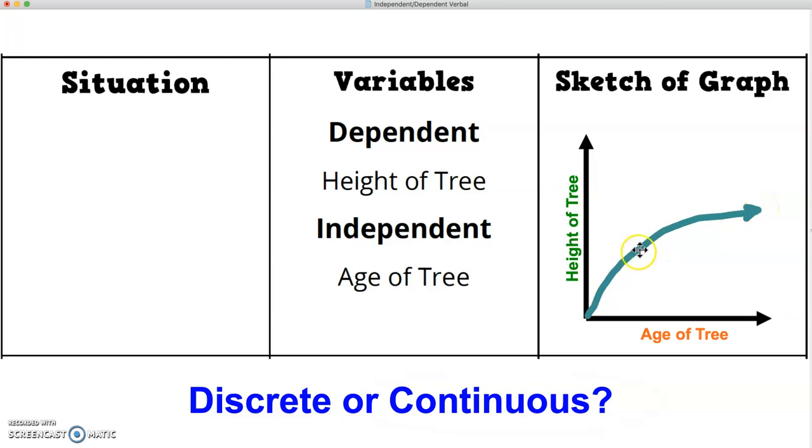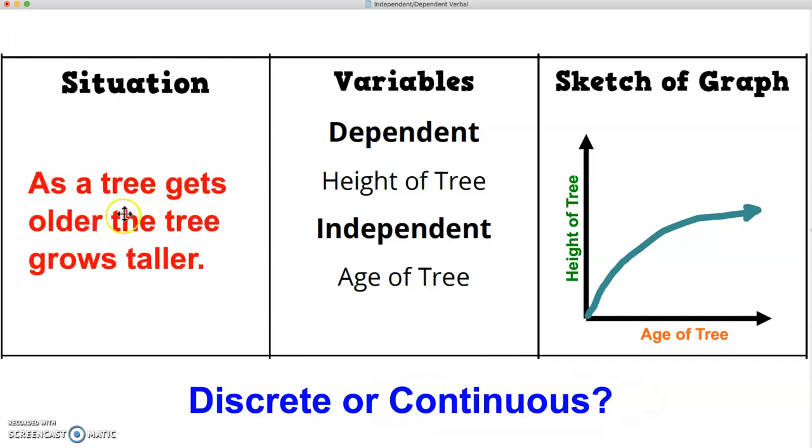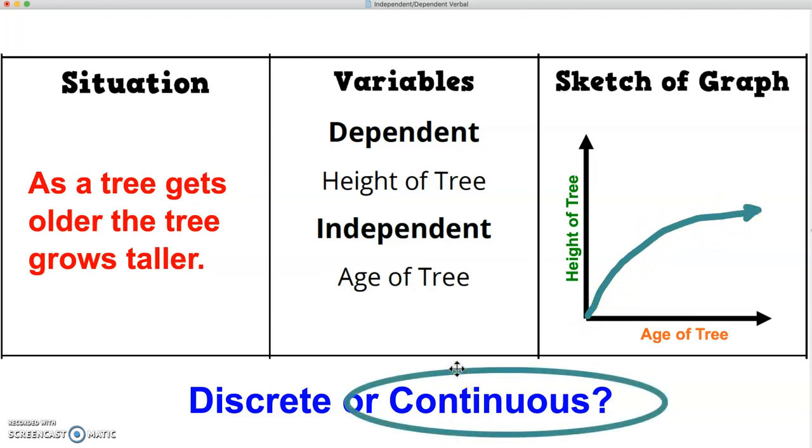So at a certain point, the tree is not going to grow as quickly as it did when it was a younger tree. So writing a situation here, as a tree gets older, the tree grows taller. Is this a discrete or continuous situation? Because all of our points are connected, it's continuous.